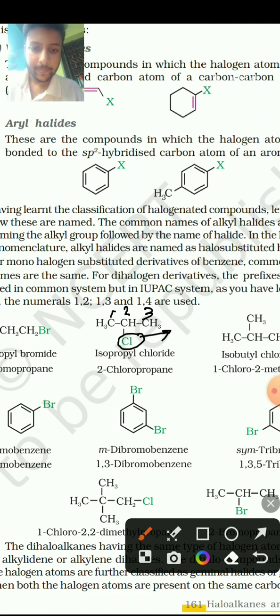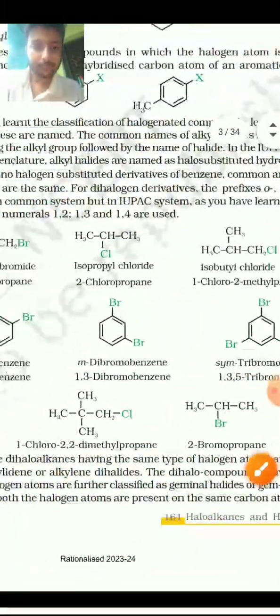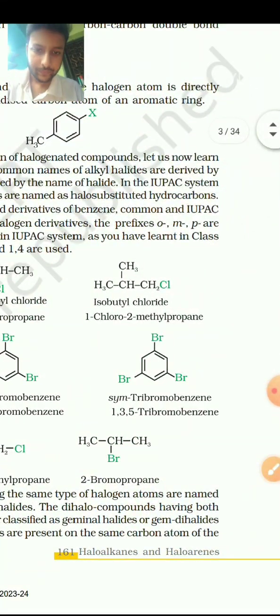That's why we are not giving preference to the middle carbon with which the functional group or the chlorine is attached. We will give the preference from any end. Great. So what will be the name? This time the functional group is attached to the carbon which is numbered as 2. So the name will go like 2-chloropropane. Clear? I hope it is clear. Okay, so similarly this one you could easily see.